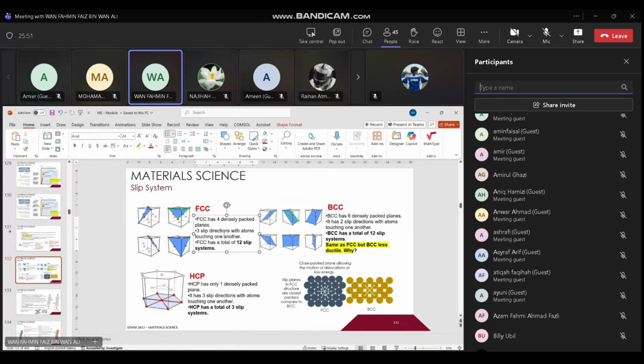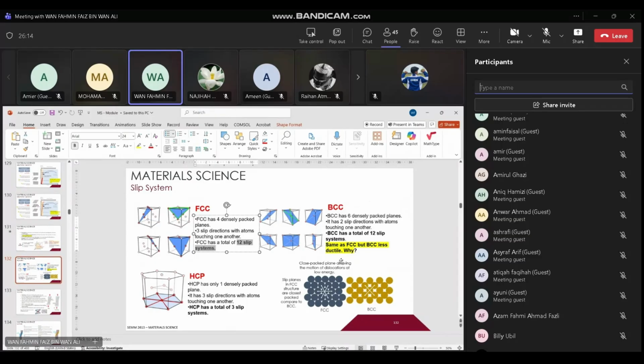If you look at BCC as well, they have a slip system. They have 6 densest planes and 2 densest directions. The total is 6 times 2, so you get 12 slip systems. It's similar to FCC.